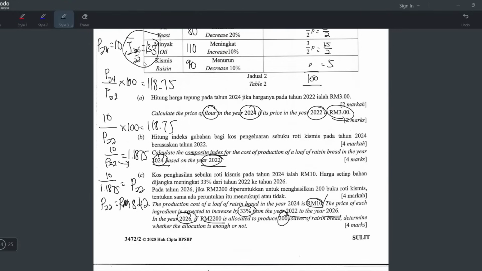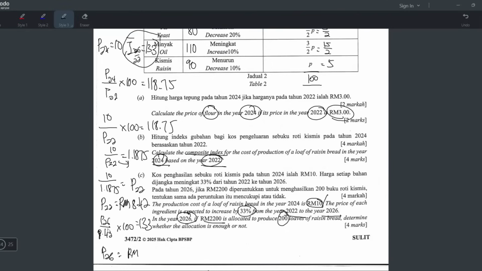Okay, so let's use the formula again. 133, that's the composite index for 26, 22. So I can do P26 over P22 times 100 equals this. And of course, the P22 we have already, 8.42. Now, to find the price in 2026, I just take what? 133 divided by 100 times 8.42.